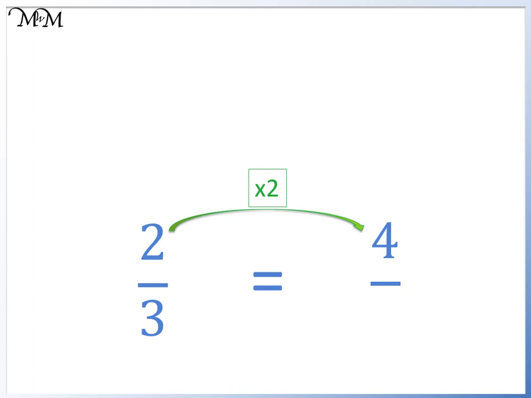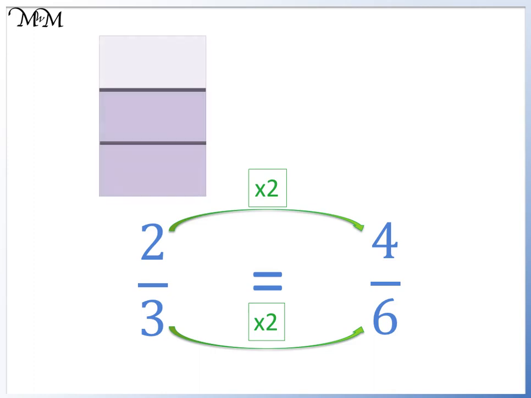Now for the denominator. I chose to multiply the numerator by 2, so I must also multiply the denominator by 2. 3 times 2 equals 6. This gives us a fraction of 4/6. So 2/3 is equivalent to 4/6.